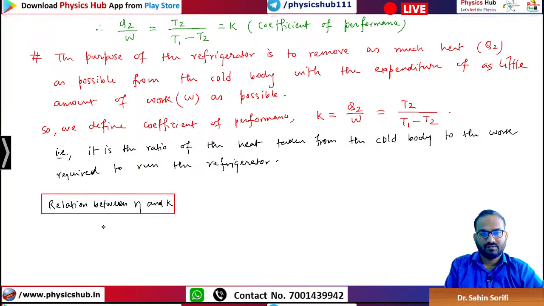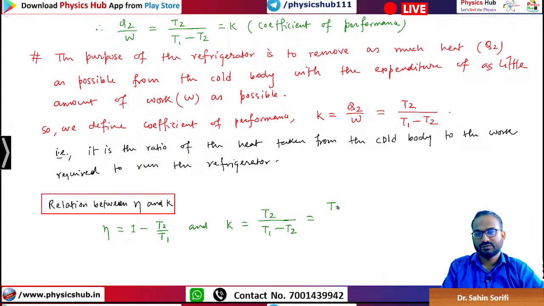So first of all, eta we had 1 minus T2 by T1, and k we have just got T2 by T1 minus T2. So if you divide both numerator and denominator by T1, what do you get?